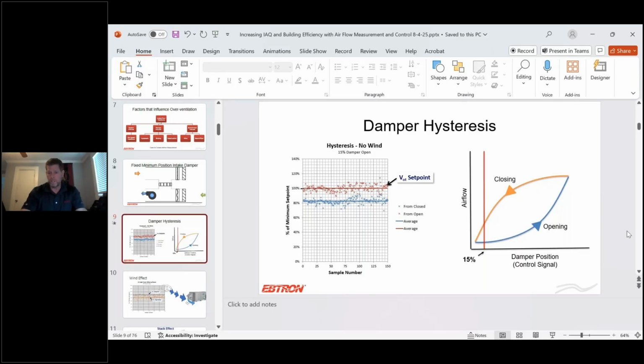So the damper doesn't always go back to the same position every single time. You really want to control the damper based on the airflow through the damper, not the position of the damper itself, in order to overcome that. So damper hysteresis can affect airflow through your HVAC system.